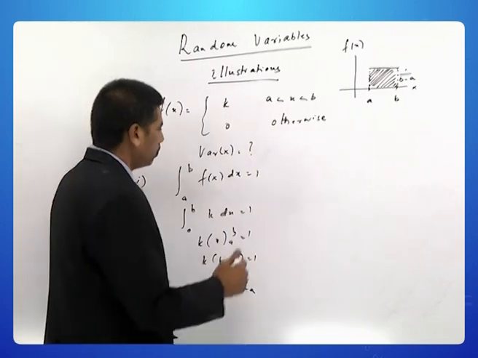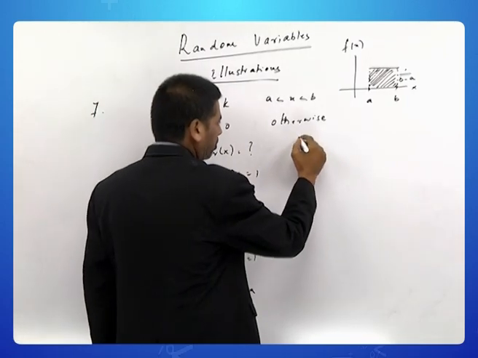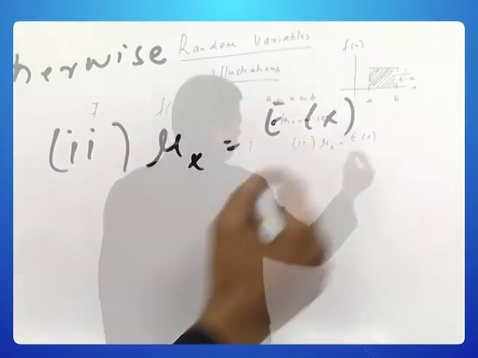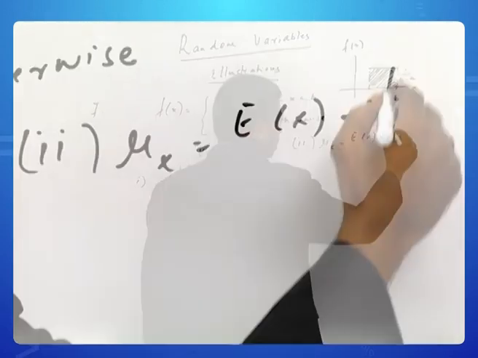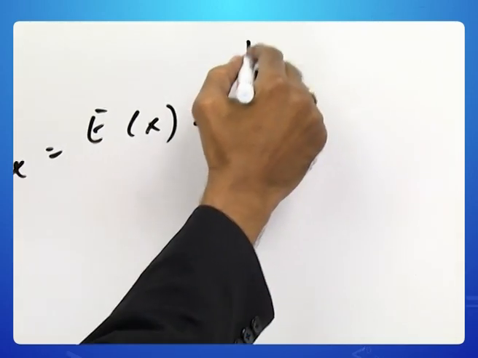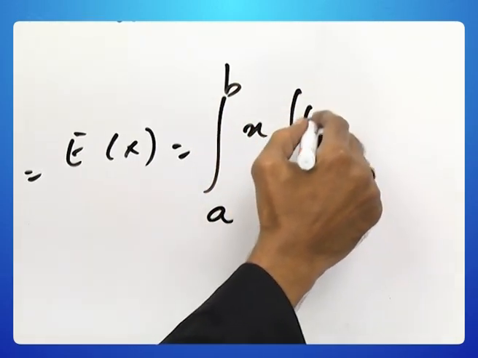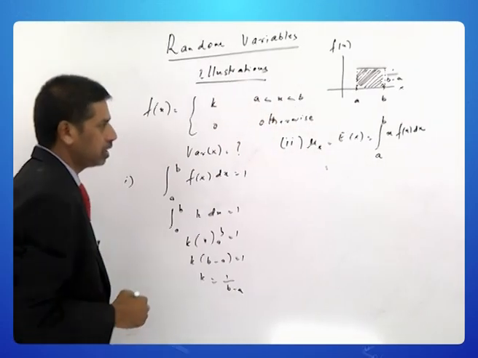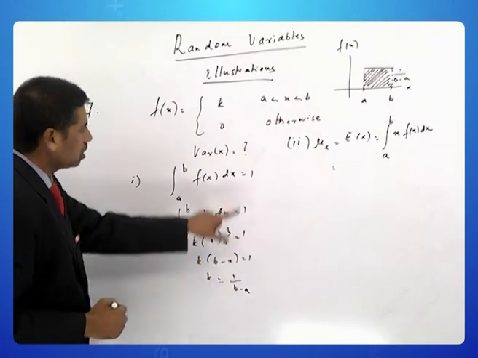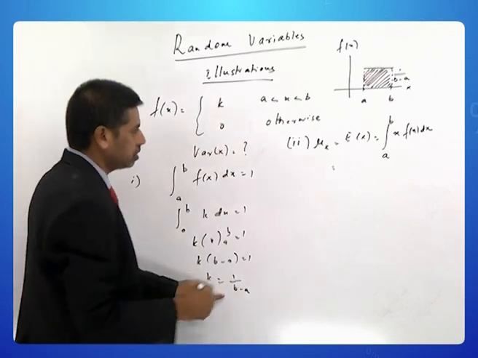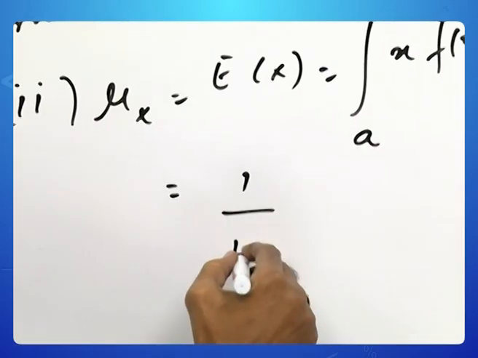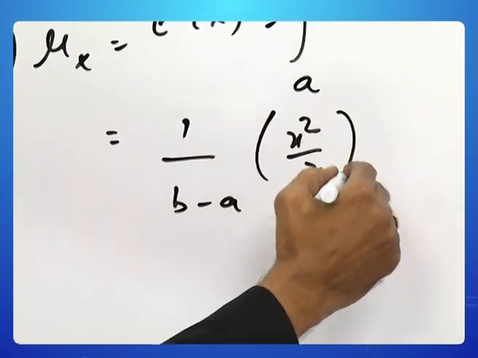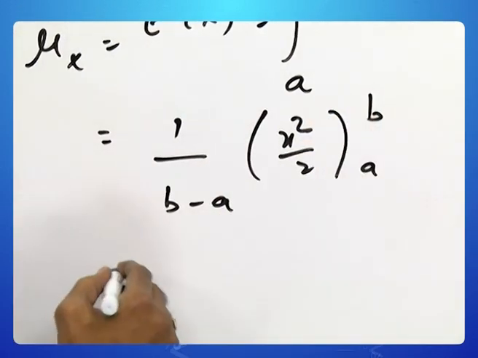Right. We need variance, but before that, let us not forget we must calculate the mean. Mean is expectation of x, which is nothing but integral from a to b x into the density. So what do you get? The density is k, where k is 1 by b minus a. So take 1 by b minus a outside, integrate x, you will get x square by 2 from a to b.